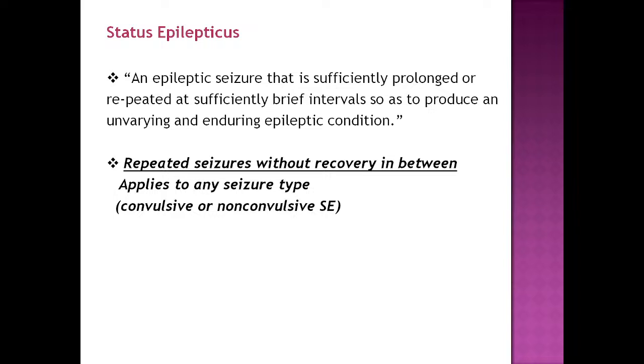You cannot wait till 30 minutes to diagnose a patient as having status epilepticus and start appropriate treatment. Any seizure which persists beyond 5 minutes needs to be practically considered as a status epilepticus, and emergency management needs to be given to such patients for status epilepticus. Okay?